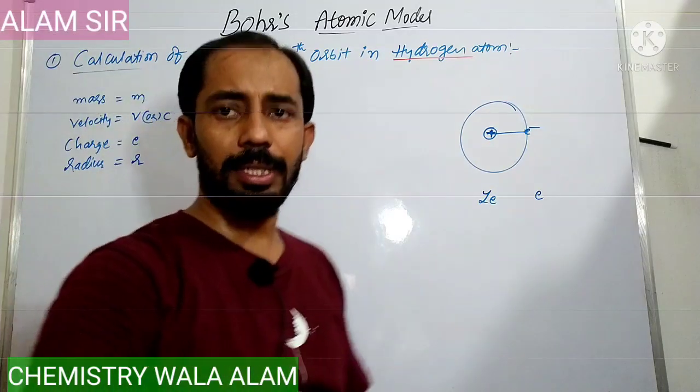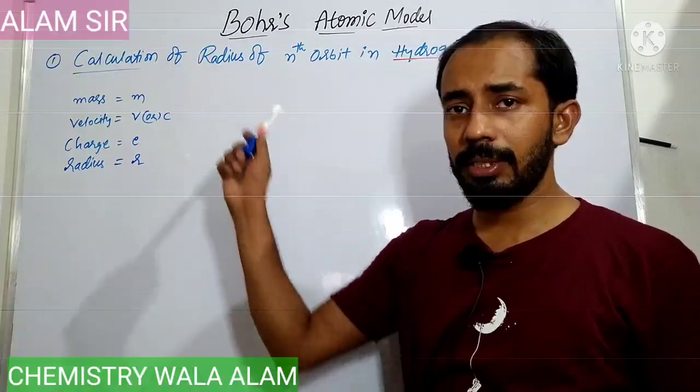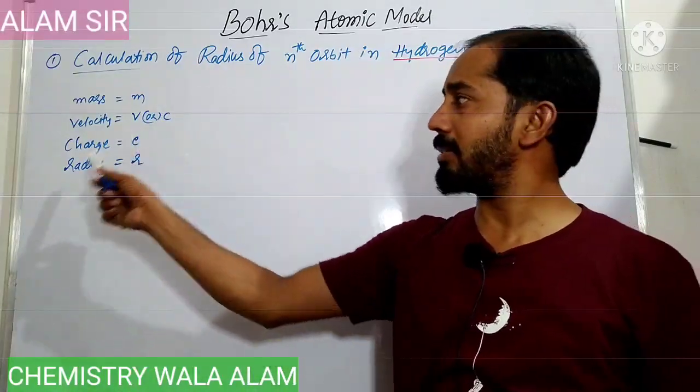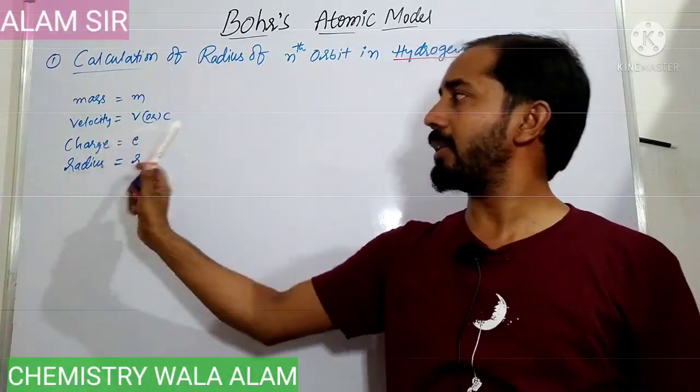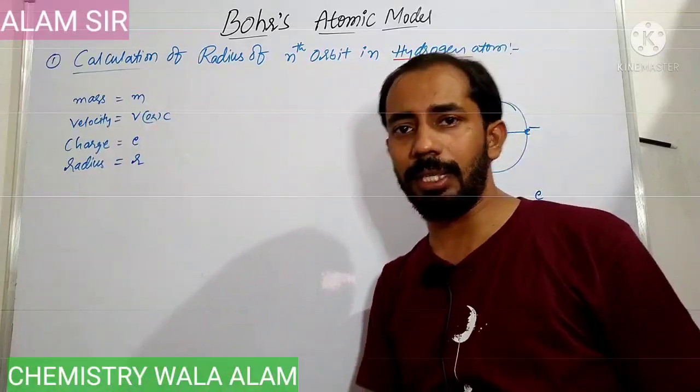That means an electron of mass m is revolving around the nucleus at distance r, carrying charge e, with velocity v.